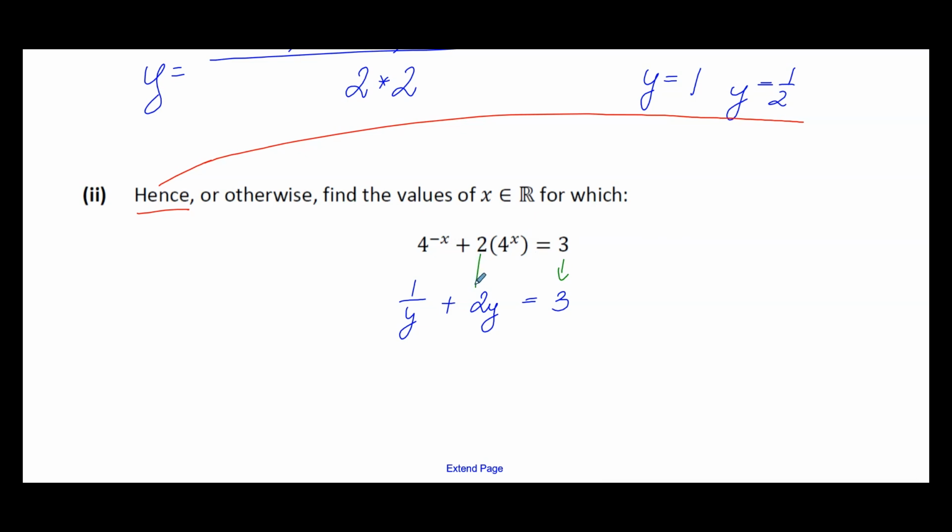3, 3, 2, 2. Now, they have 4 to the power of x, and we had y in the first one. Here I have 4 to the power of minus x, and then I had y here. So if they replaced y with 4 to the power of x, what happened here? Can that be changed?